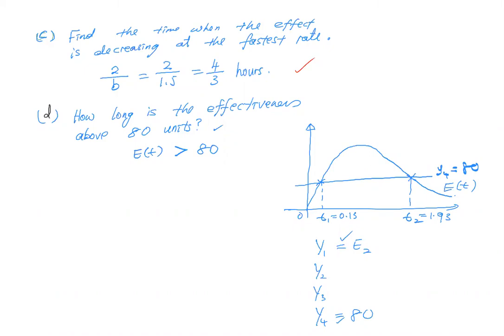So the time will be T2 minus T1. This is the duration the surgeon can carry out the surgery, so you got 1.8 hours.